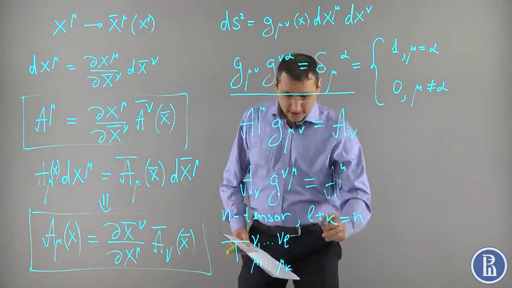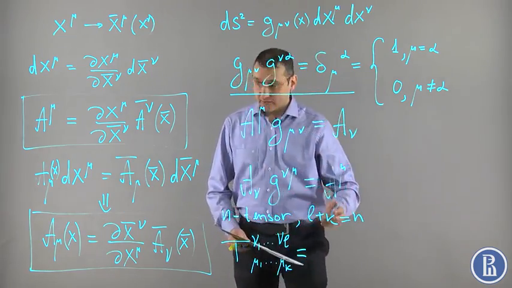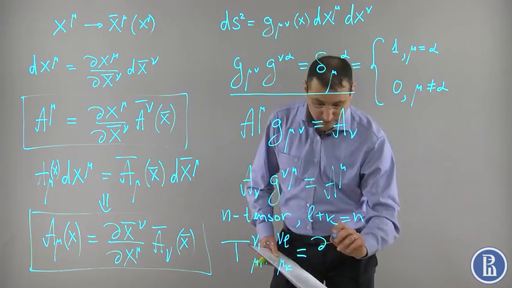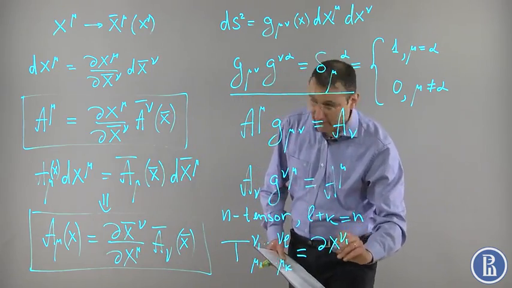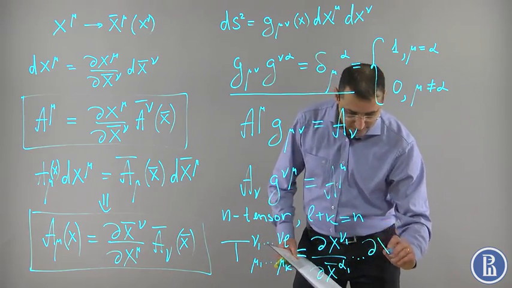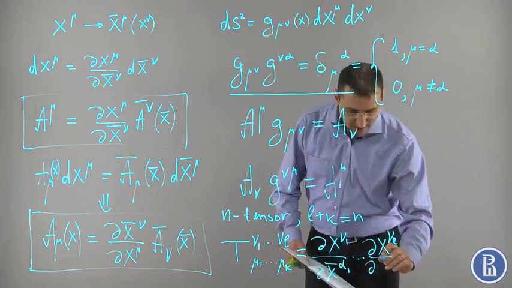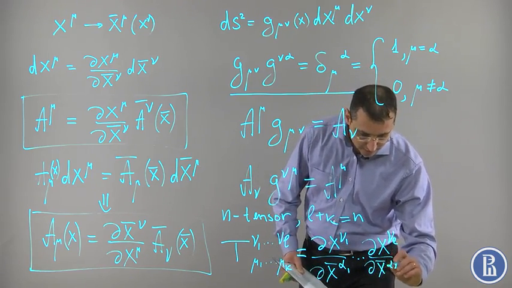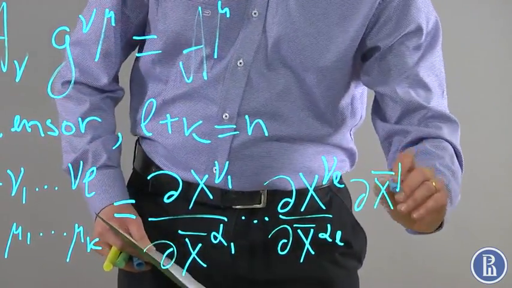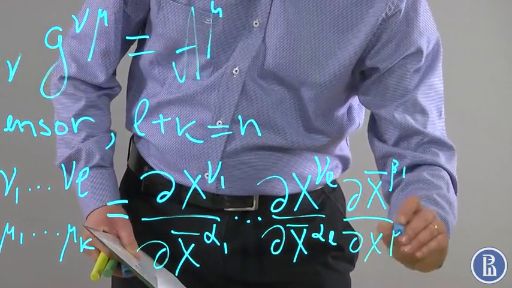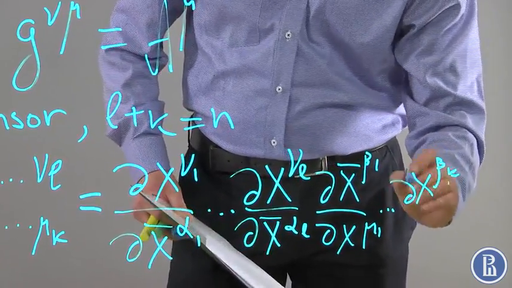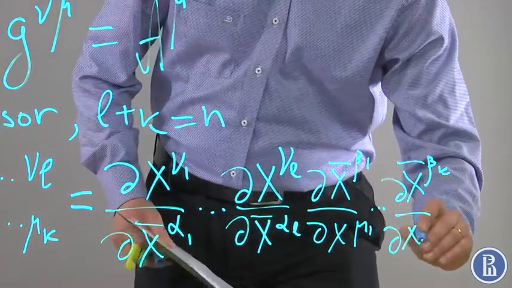Such a tensor is a concrete quantity which transforms appropriately with respect to the coordinate transformation, which means that the upper indices transform according to this rule, dx nu 1 divided by dx bar alpha 1, up to dx nu L divided by dx bar alpha L, and vice versa for the lower ones: dx bar beta 1 over dx mu 1, up to dx bar beta k over dx mu k.